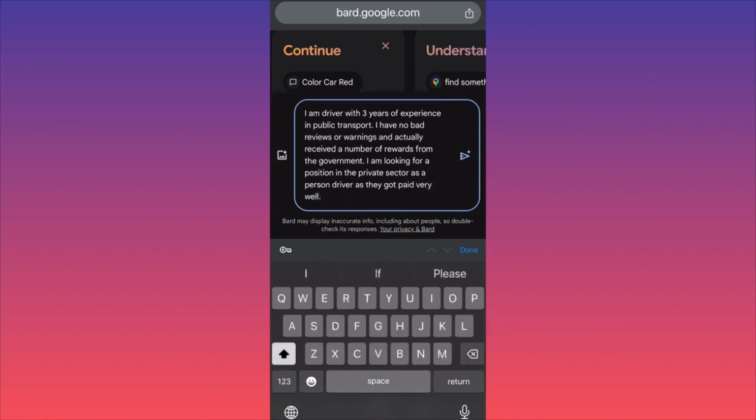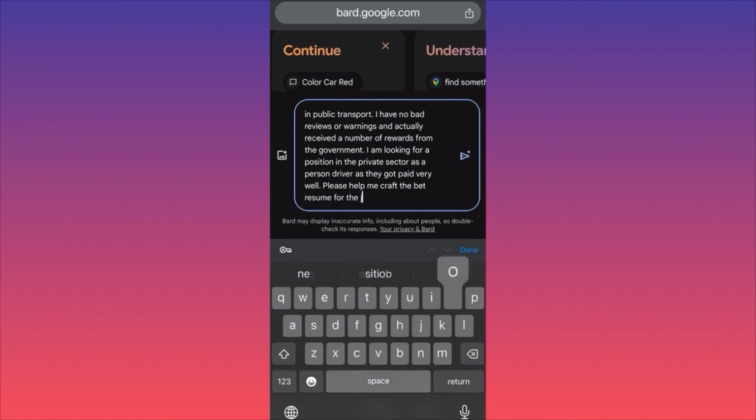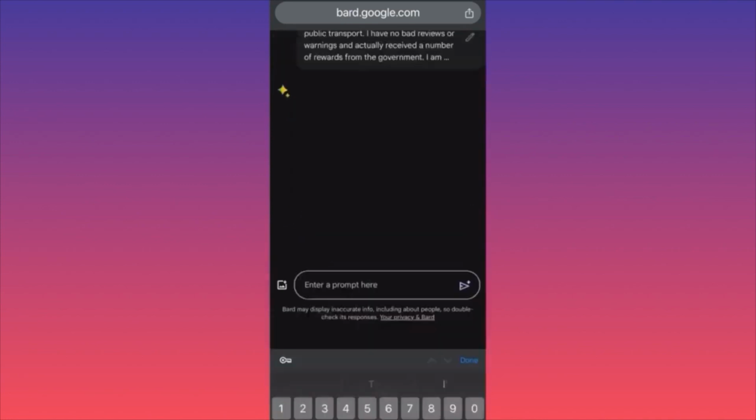Then you want to make sure that you let them know that you need, "please help me craft the best resume for the job." Then you hit next.